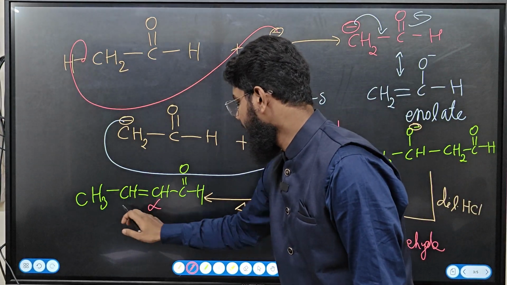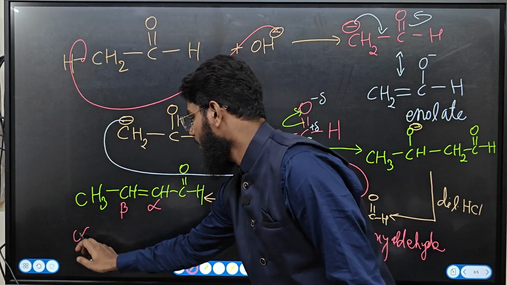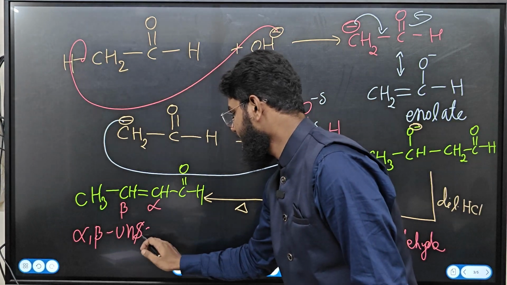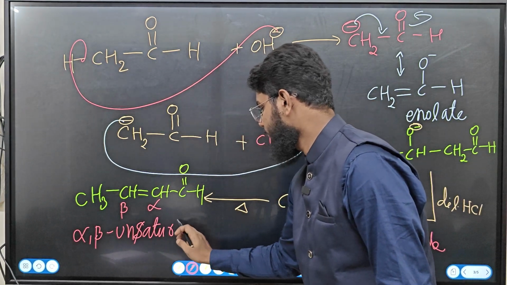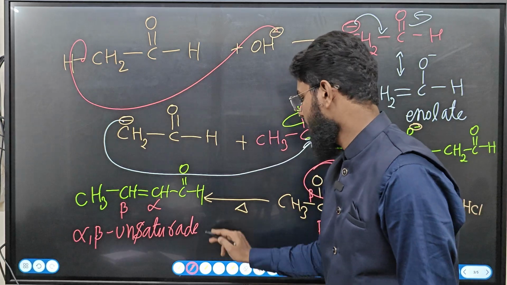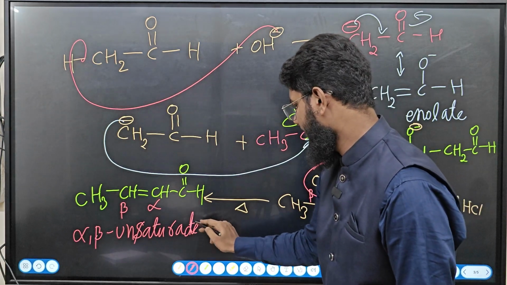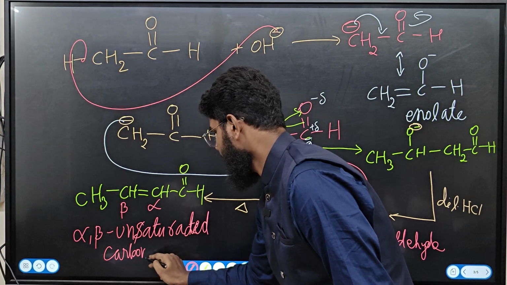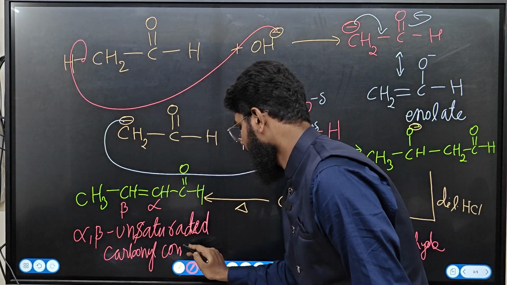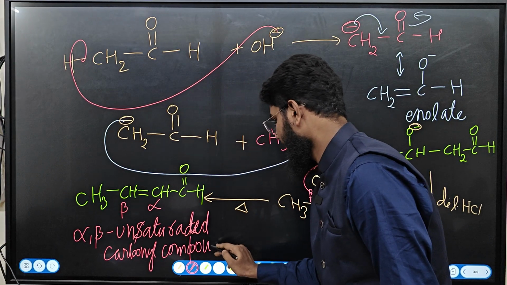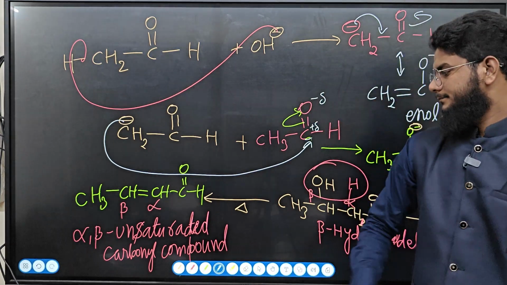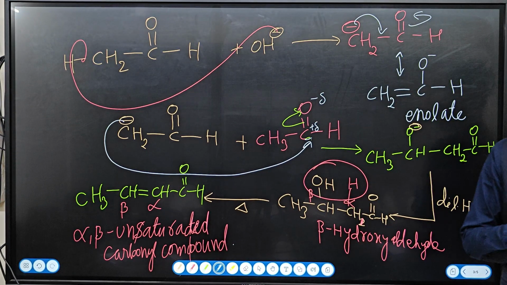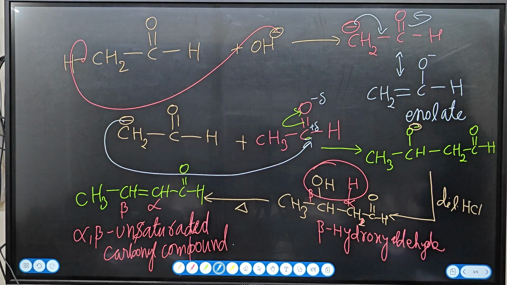This is your alpha carbon, this is your beta. Alpha, beta, unsaturated carbonyl compound. Write it down. Alpha, beta, unsaturated carbonyl compound, right?